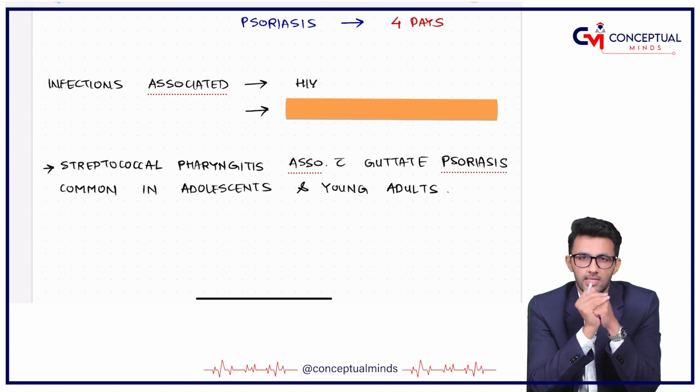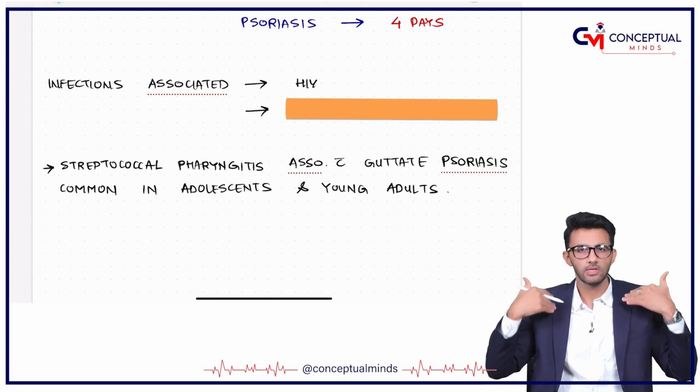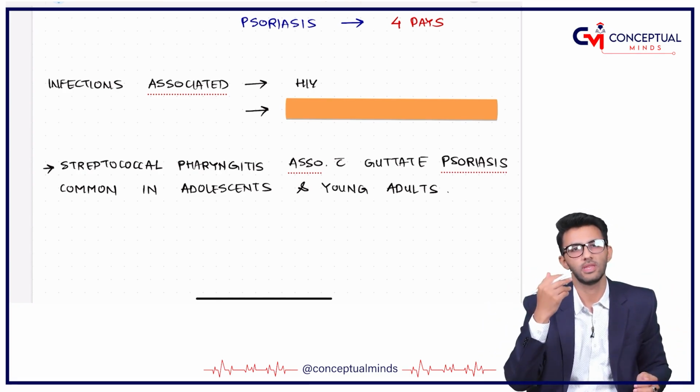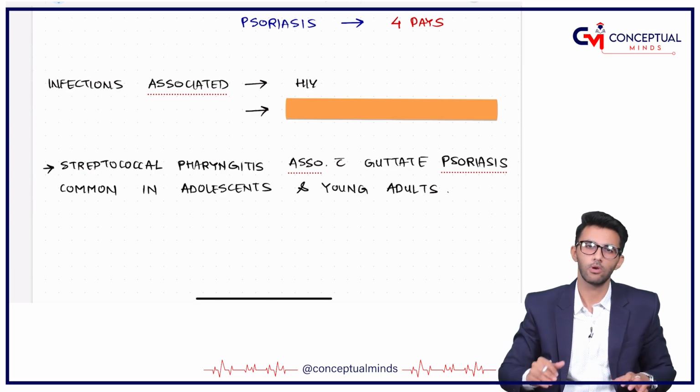This infection is also associated with guttate psoriasis, right? Try to recall, where did we use the word guttate? Guttate was where there were raindrop lesions. We also saw an image with raindrop lesions on the whole body.